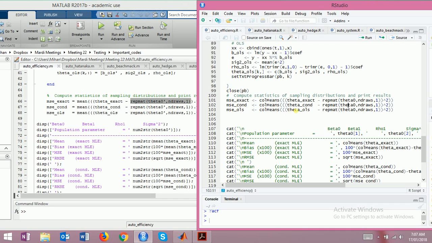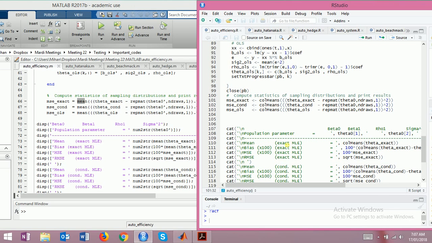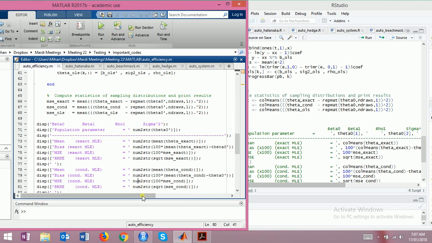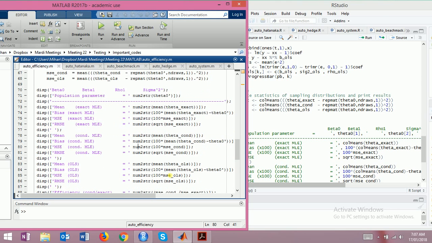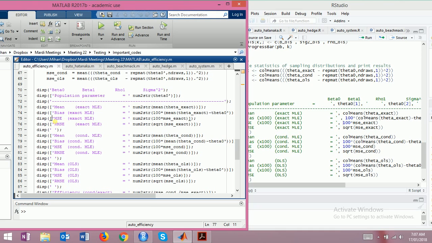So column means is the function for mean. Then there is quite a lot of stuff here: mean, bias, mean square error.